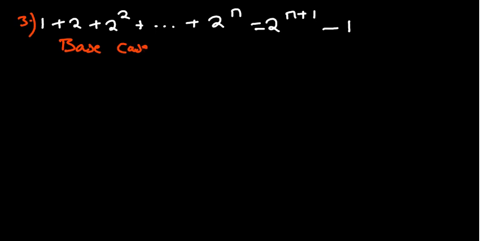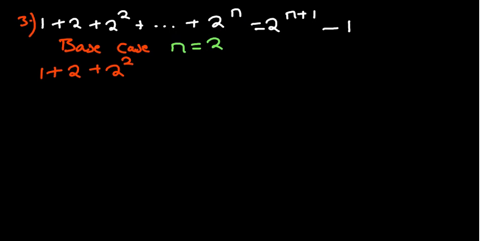Let n be equal to 2, so that means we have 1 plus 2 plus 2 to the power 2. According to the formula, if n is equal to 2, then you are ending with 2 to the power 2. I hope that is clear.